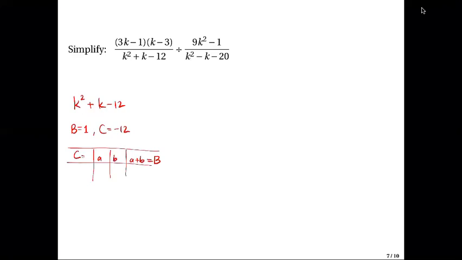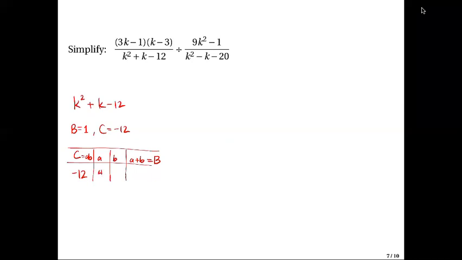So let us do all the factoring things here. Let us start with k squared plus k minus 12. Again, those little details, let us do that. You have capital B equals 1, capital C equals minus 12. So in here, you have capital C, then small a, small b, then a plus b, which is capital B. Capital C is AB, so here you got negative 12 for capital C. Let's choose the correct pair here.